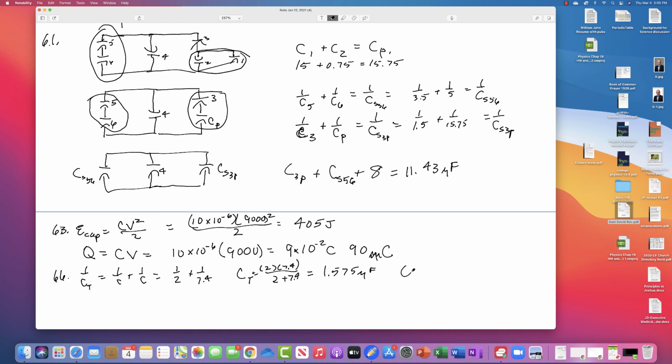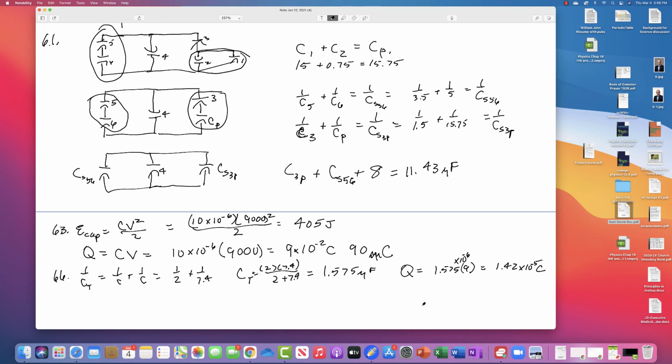So the charge, if they're connected in series, is going to be 1.575 times the voltage, which is 9 volts. And that's going to be 1.42 times 10 to the minus 5 coulombs. This was micro, remember, so I should have actually put 10 to the minus 6 here.